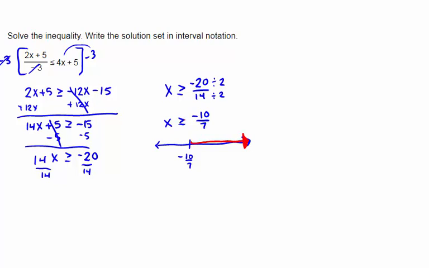And because this has a greater than or equal to, that means we're going to use a bracket on the negative 10 over 7. So now once you have that picture drawn, then writing the interval notation is easy because we can see that the shading starts at negative 10 over 7, and that has a bracket on it. And the shading ends at infinity. And remember that infinities always have parentheses.